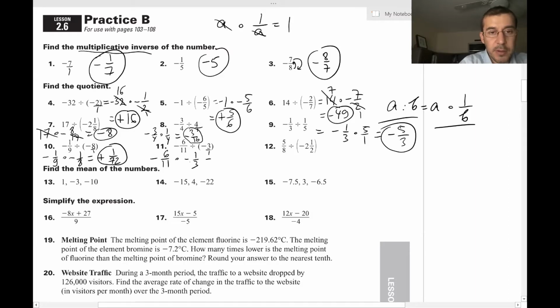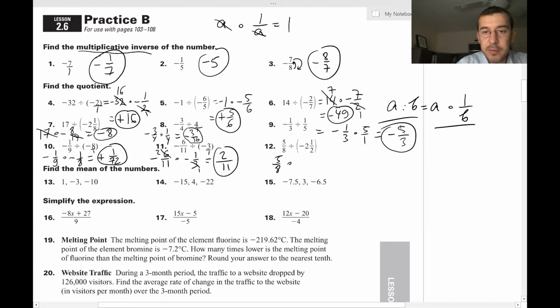Number 11, we have -6 over 11 times -1 over 3. Okay. 6 and 3 cancel out by 3. 2 times minus times minus is plus. So 2 times 1 is 2. 2 over 11. And number 12, 5 over 8 times, this is minus 2 times 2 is 4.